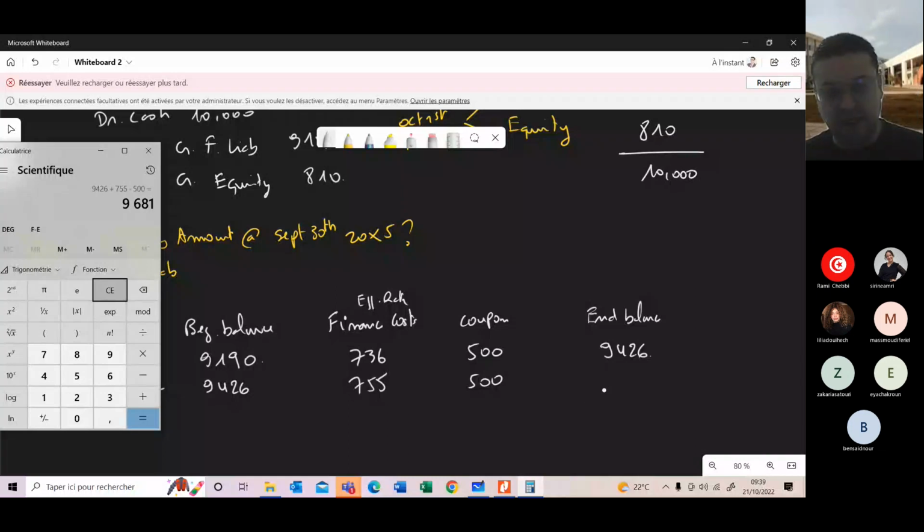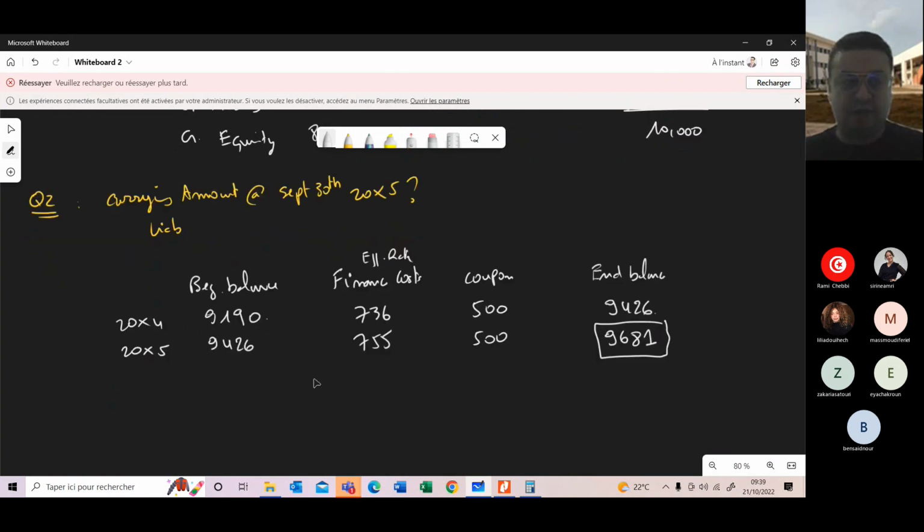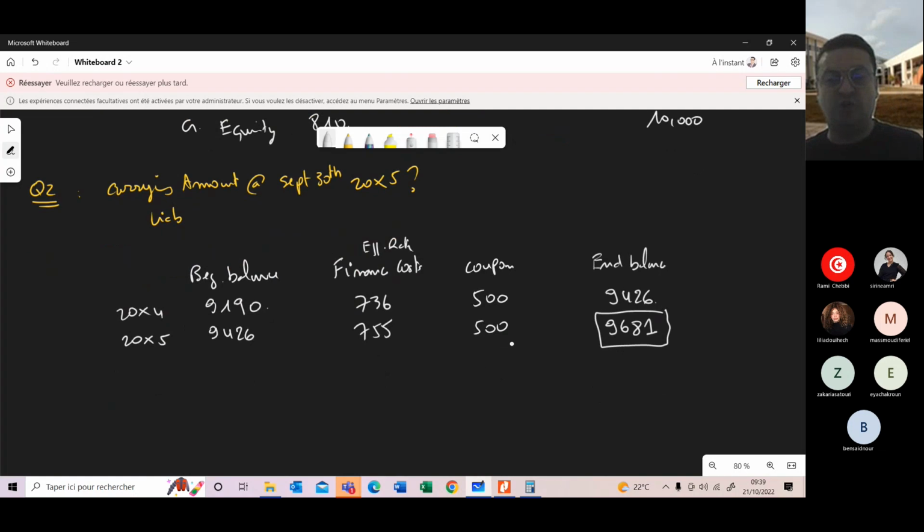This is the ending balance, 9,681. So this is normally the answer to the question, the carrying amount. Additionally, I can ask you about the necessary journal entries to consider in 20x5. The question now is the journal entries.